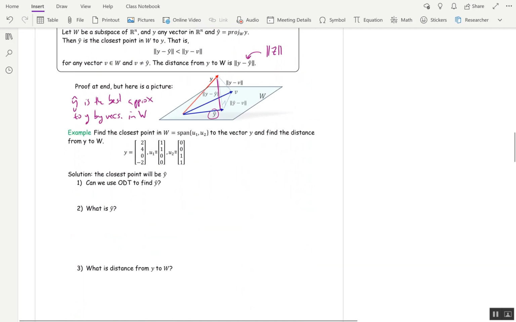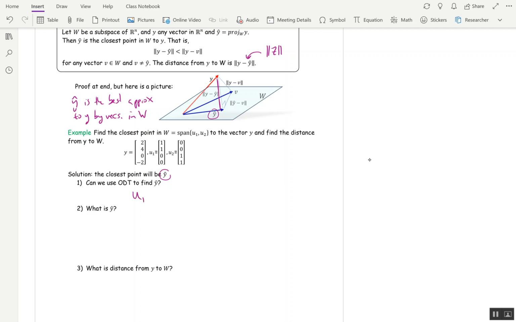All right, so here we go. Find the closest point in W, where W is spanned by two vectors, to the vector y, and find the distance from y to W. The closest point in W will be y hat. Can we use the ODT? Well, that means we need to check, is u1 dot u2 equal to 0?